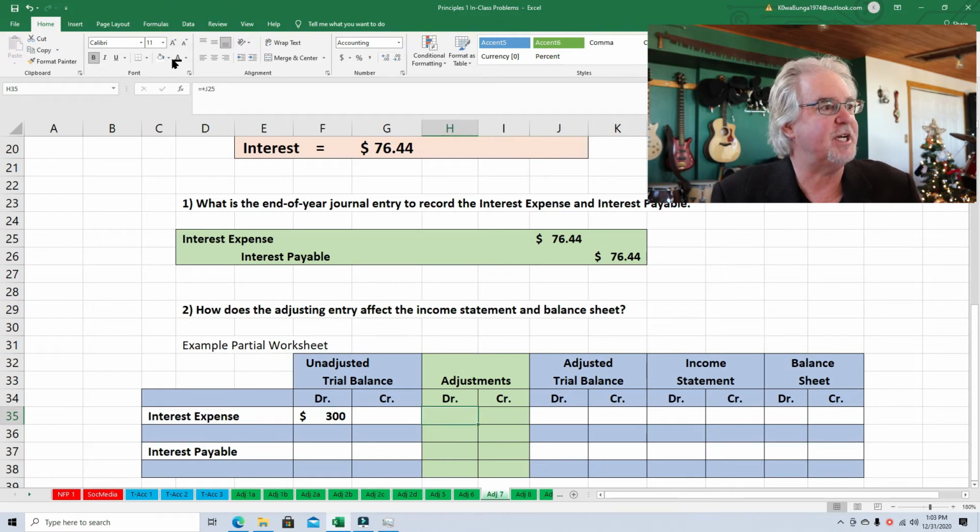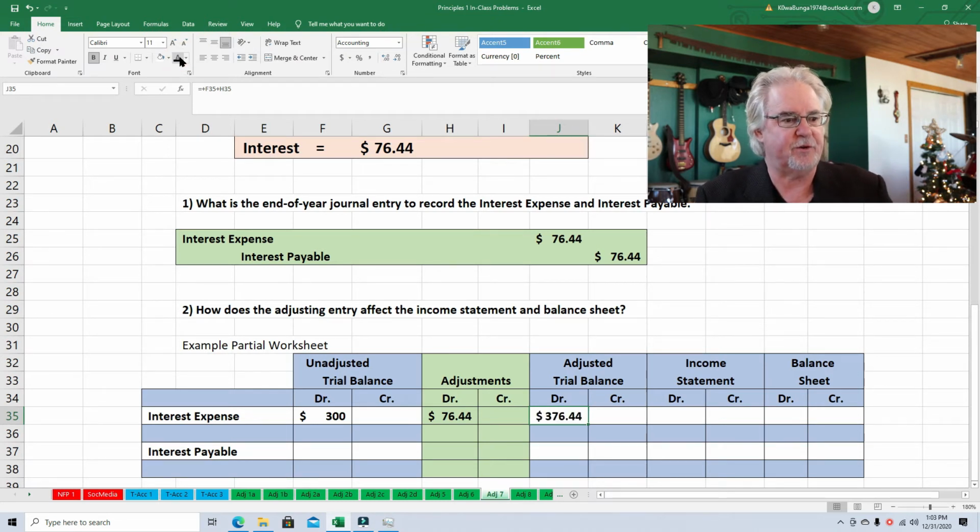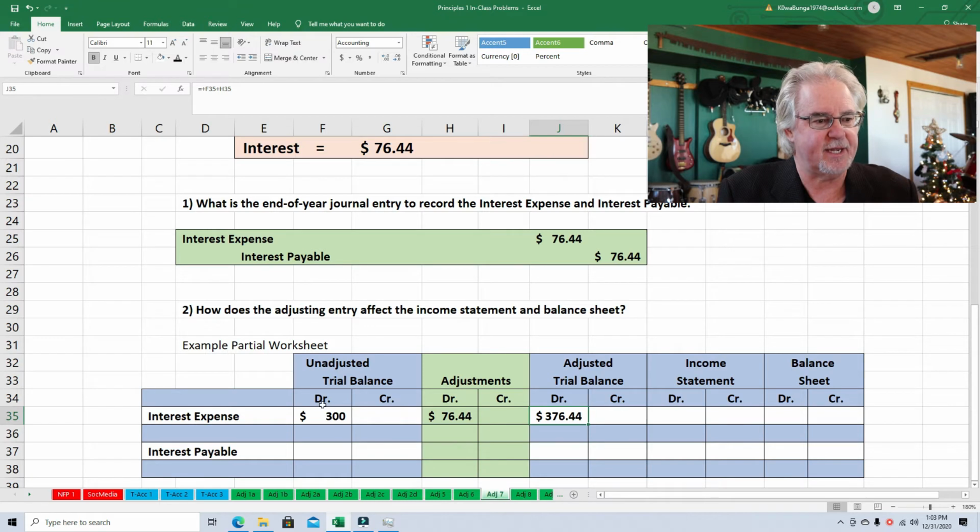Let's put it in the adjustments because this is an adjusting entry, and let's get it to our adjusted trial balance. So here's what we do. We go debit $300 plus another debit $76.44, and we end up with a larger debit balance of $376.44. So in other words, if you take a debit, add another debit, you get a bigger debit, right?